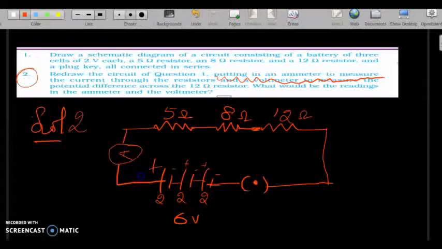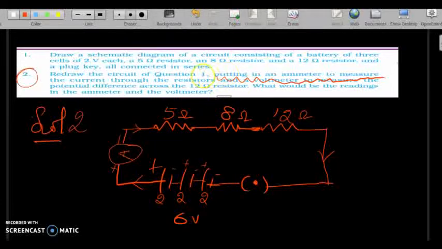Always remember, children, the current is going like this. That is the conventional direction of the current, and it enters the positive side of the ammeter, and the negative of the ammeter is connected to the other side.